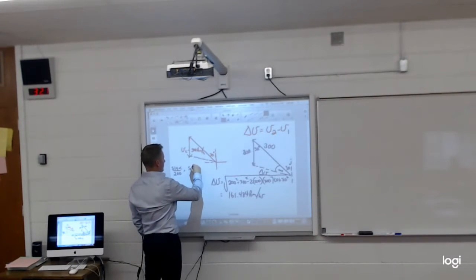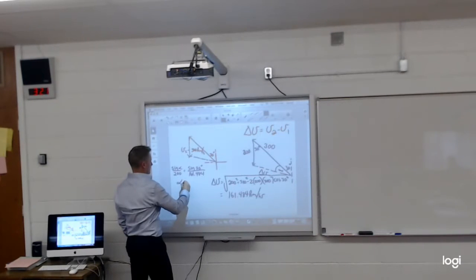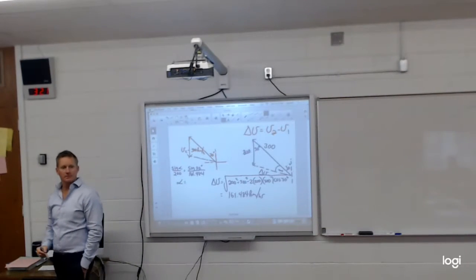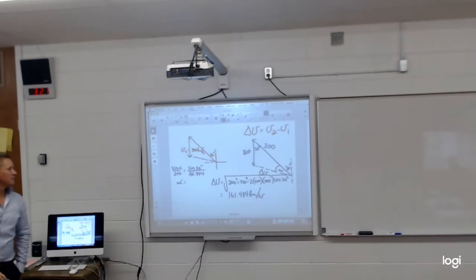Sine 30 over 161.484. Let's do right angle trig. So 200 times sine 30 divided by 161.484, and take the second function sine. What do you get?